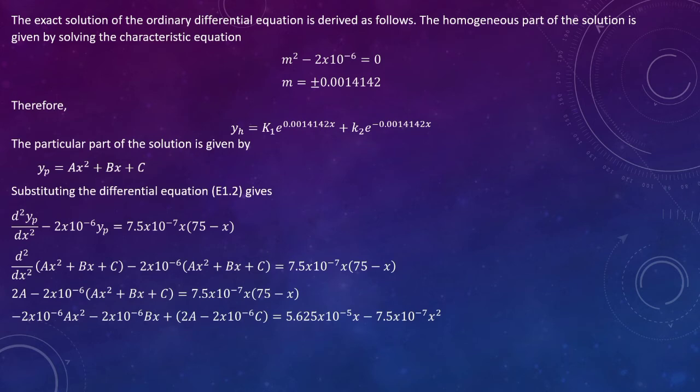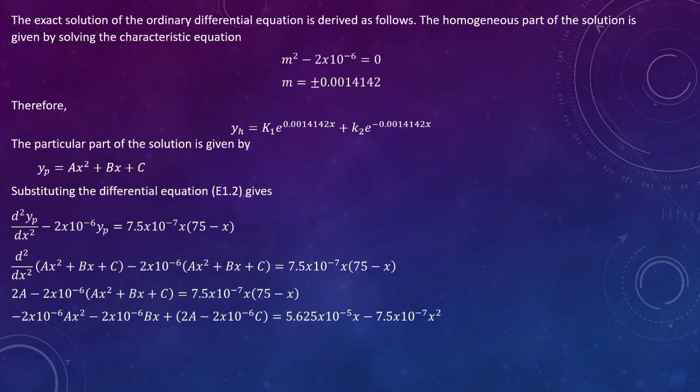So, ang first derivative nato is 2ax plus b. Then, sa second derivative, kay mahimo na siyang 2a na lang. So, mao niya nakabutang diri kay 2a minus 2 times 10 raised to the power of negative 6 times ax squared plus bx plus c equals 7.5 times 10 raised to the power of negative 7 times x times the quantity of 75 minus x.